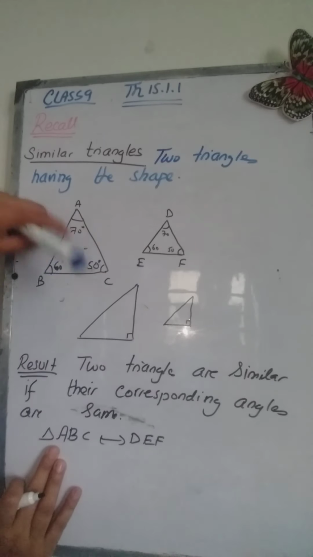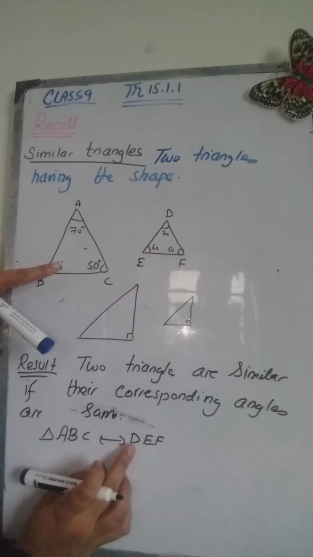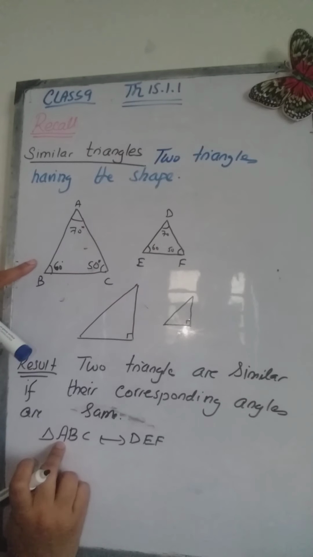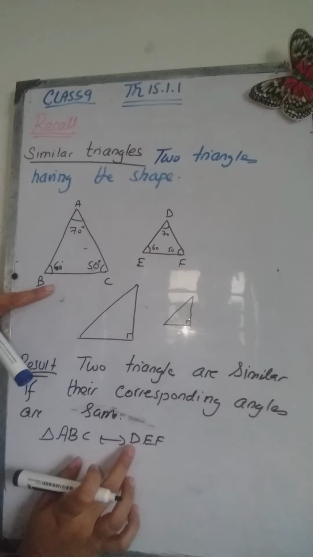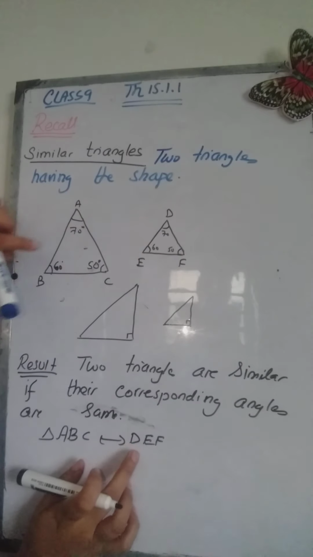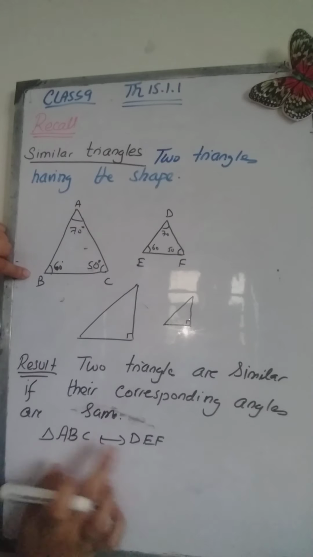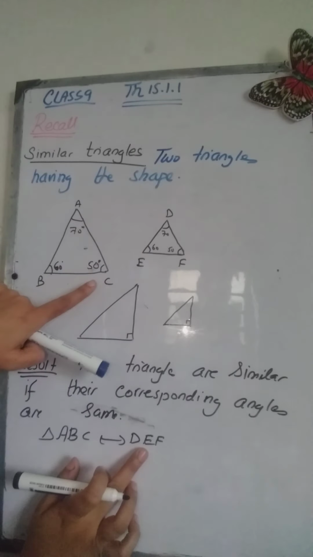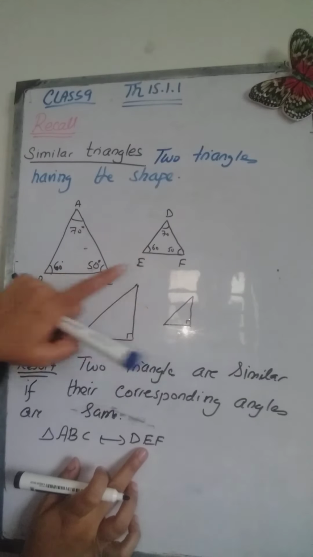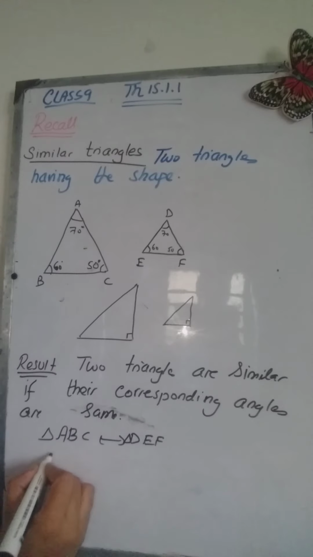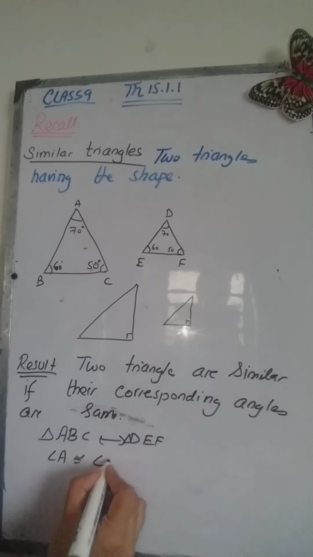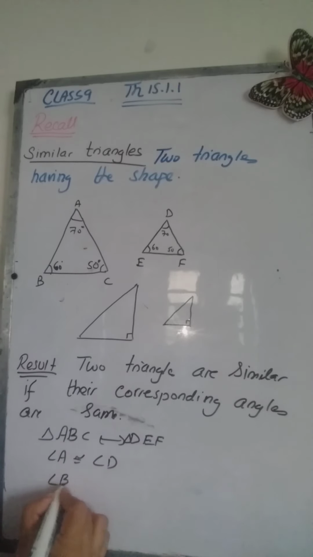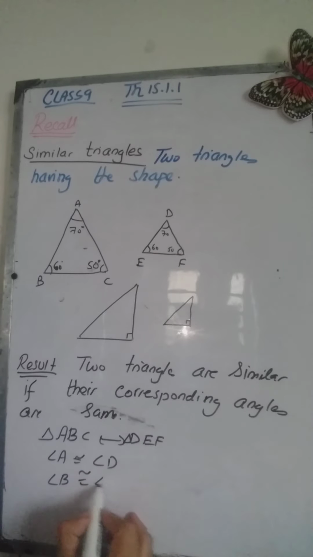Here angle A is congruent to angle D, so corresponding to A I have taken the vertex D. Corresponding to B, I have taken the vertex E, because B and E are given to be congruent, and corresponding to C, I have taken F, because these two angles are congruent. Now angle A is congruent to angle D, angle B is congruent to angle E.